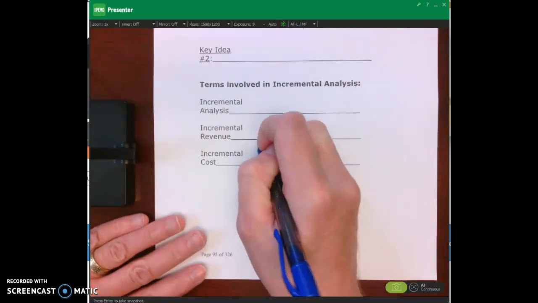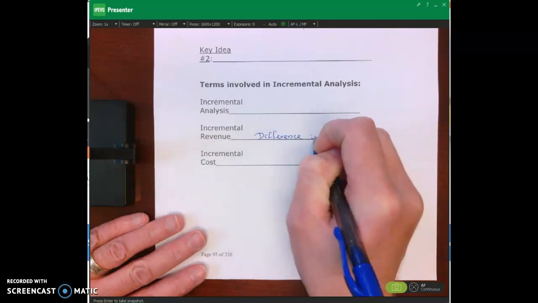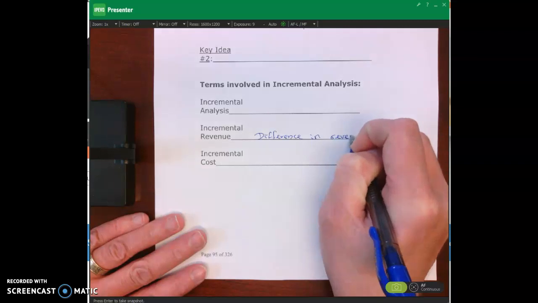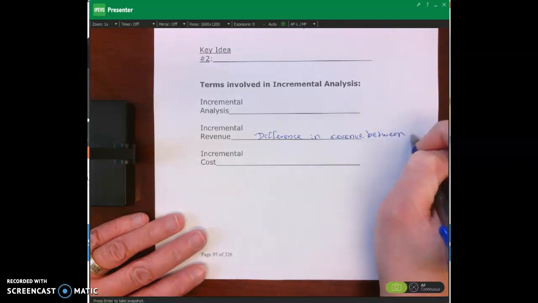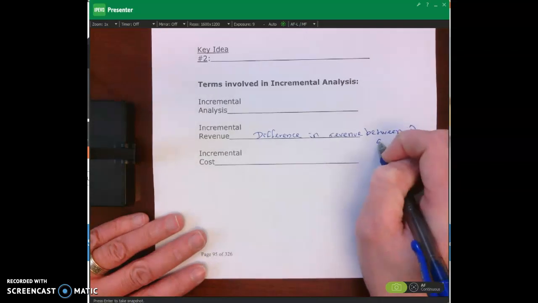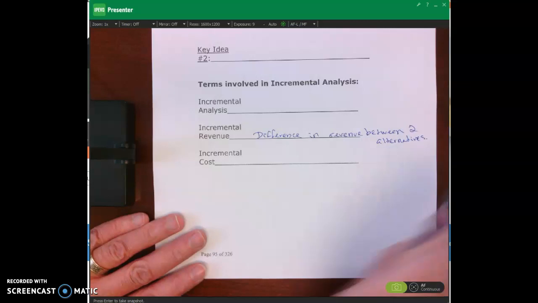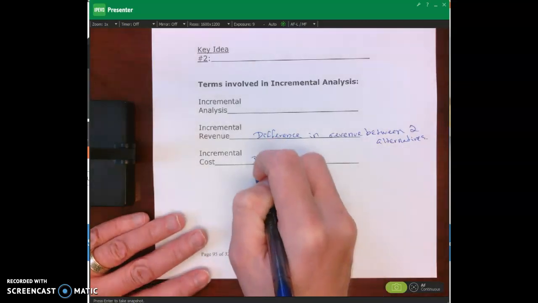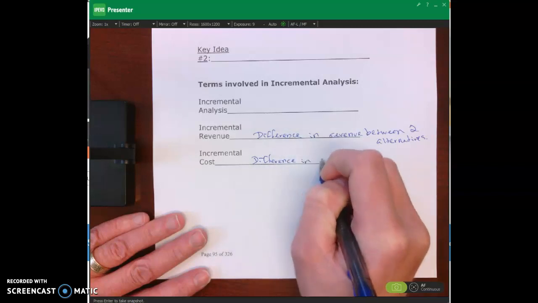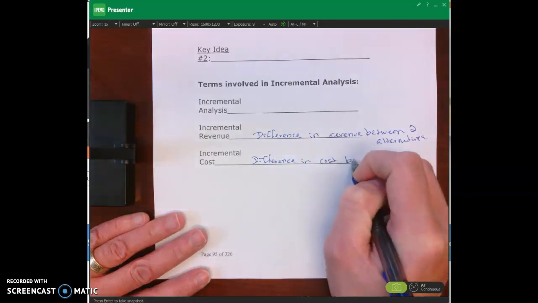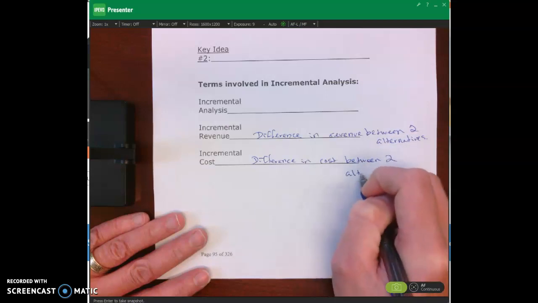Incremental revenue is the difference in revenue between 2 alternatives. Incremental cost is the difference in cost between 2 alternatives.